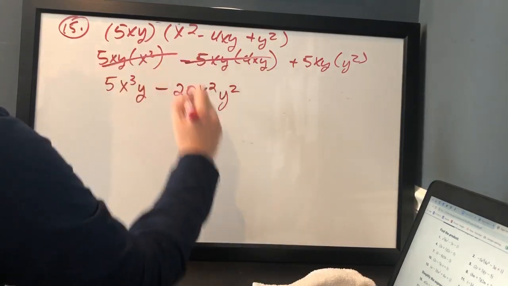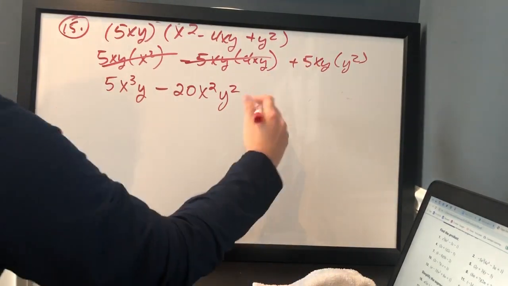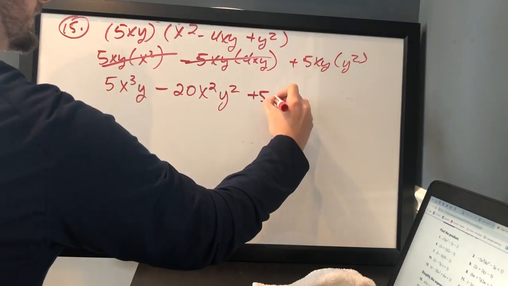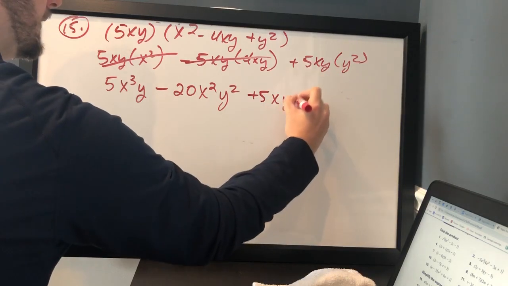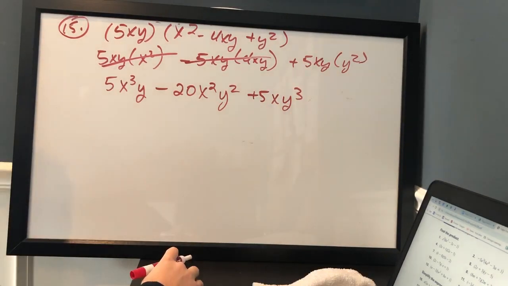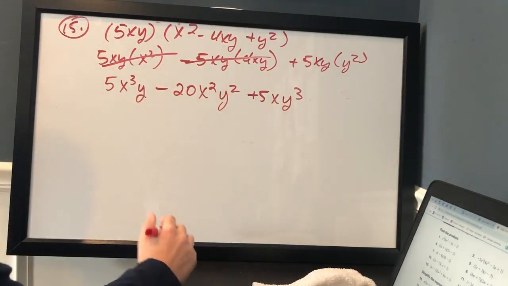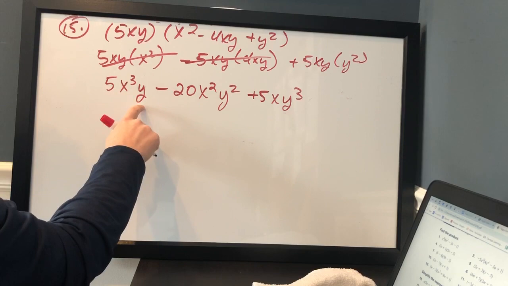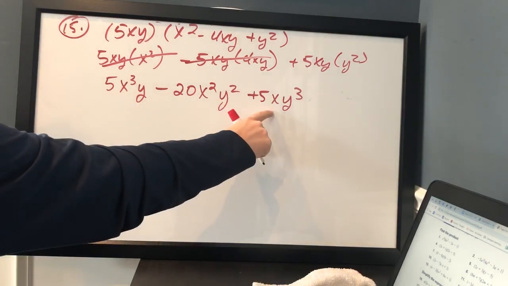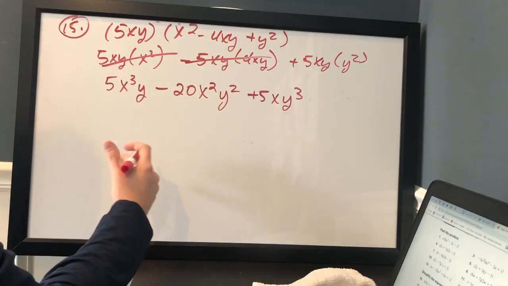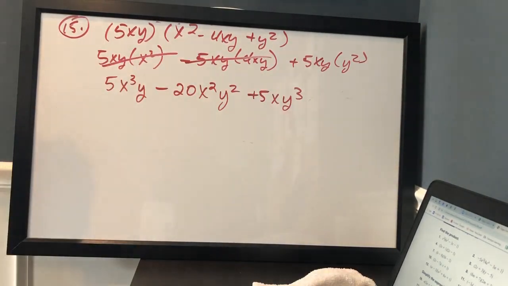That's done. And this one, 5 times the 1 in front of the y would be plus 5, x, y to the third. Okay, in this case, we don't have any terms that match exactly. This is x to the third, y to the 1. This is x to the 1, y to the third. x squared, y squared. We can't combine any of these, so this would be your final answer.